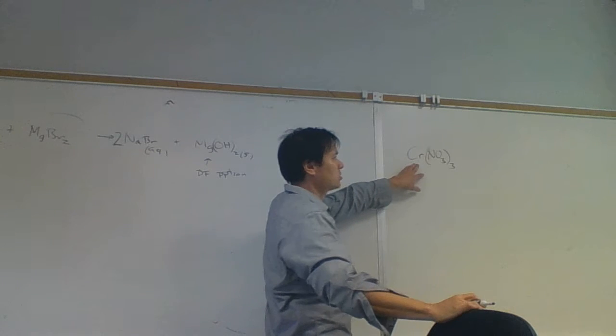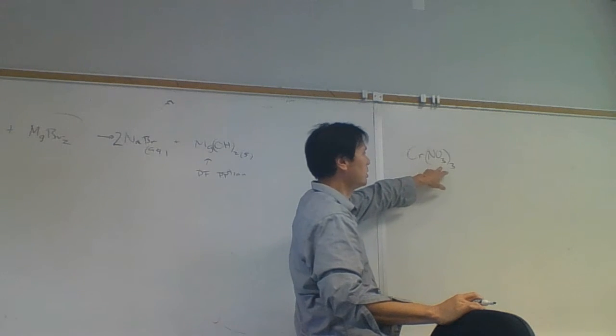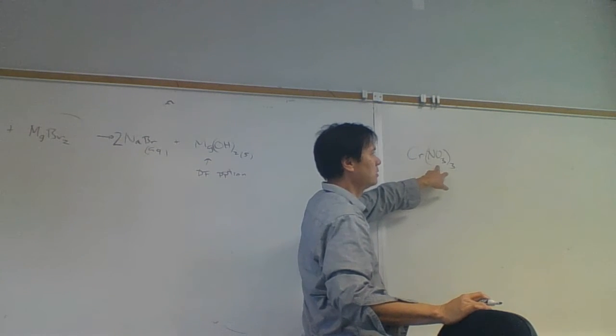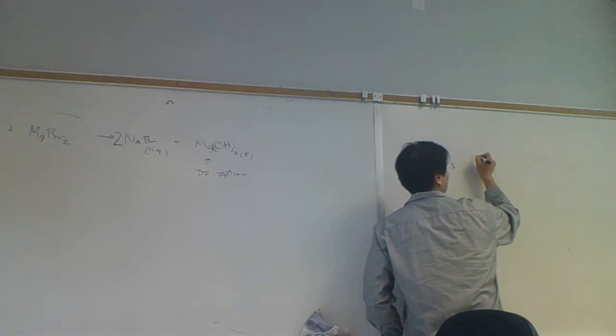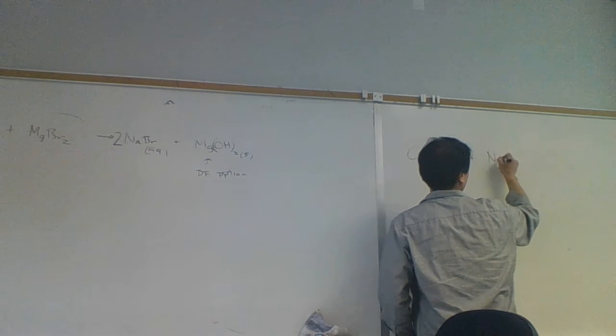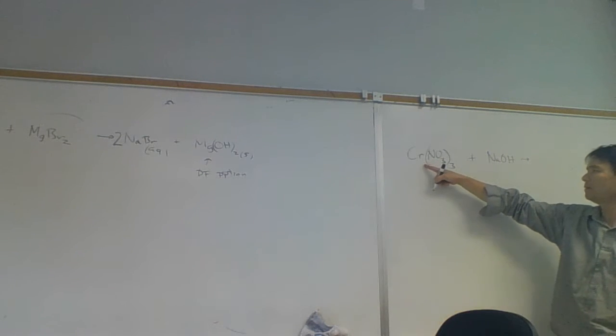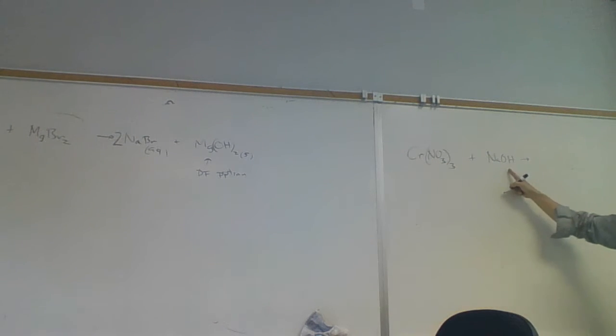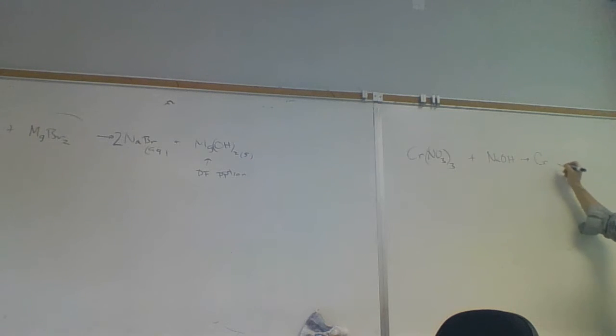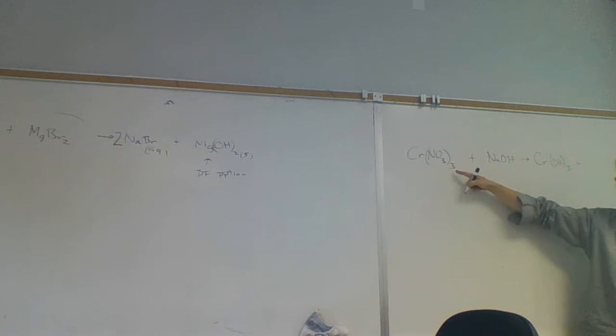This is chromium plus 3. Each nitrate's a -1, so we'll need 3 of them to balance it. That's good. And then sodium hydroxide? NaOH. And so what are we going to form? We're going to form chromium 3 plus with hydroxide. Cr(OH)3, good. Plus sodium with nitrate.